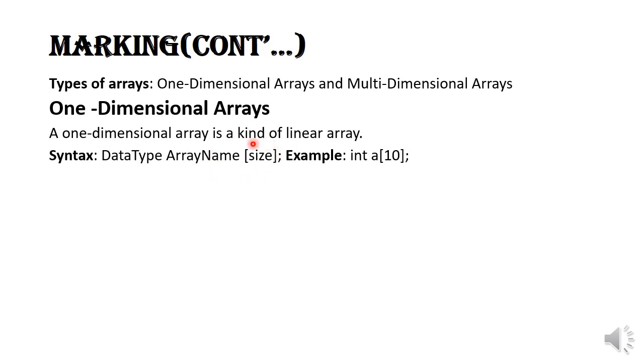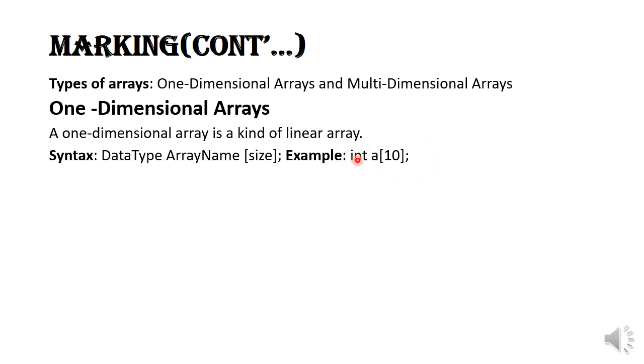And we have the size. Each array must have a size, which means the number of elements which should be stored by this array. So to declare an array, you must have the data type, the array name, and the size. An example of array declaration in C++: int a[10].